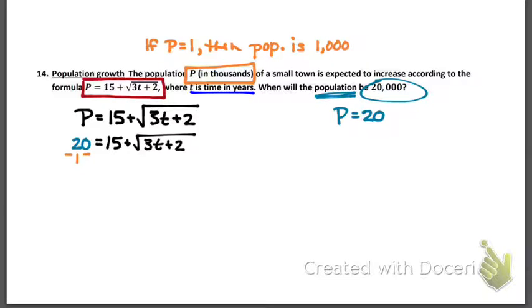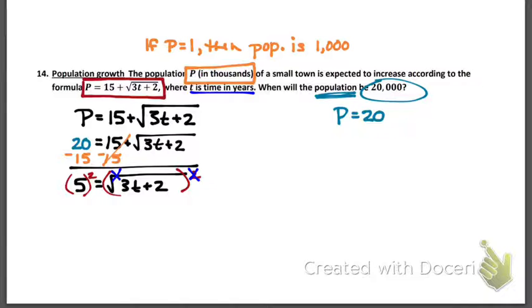Then I'm going to subtract 15 from both sides. So I have 5 is equal to the square root of 3t plus 2. T is underneath that radical. I'd like to get it out. What do I need to do to get the t out from underneath the radical? Square both sides.